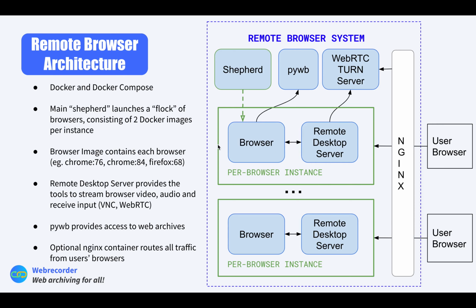One is for the browser, which changes based on which browser you use, Chrome, Firefox, etc. And then the remote desktop container, which contains the infrastructure necessary to run VNC and WebRTC and so forth. And then, of course, we have PyWB, which provides access to the web archives through a proxy server. And we also have the WebRTC turn server, which is necessary to establish the WebRTC connection. Finally, there's an optional Nginx that can stay in front of this and make it easier to run this on a single port.